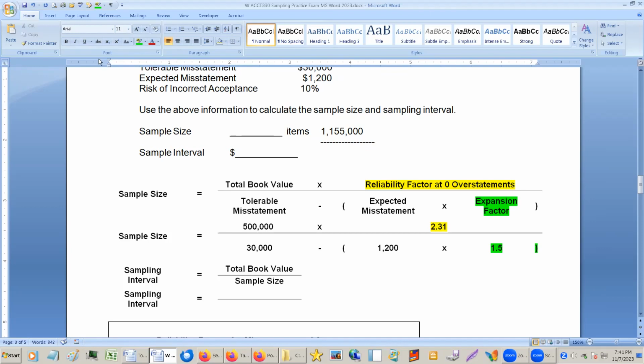Okay, and on the bottom we have 30,000 minus 1,200 times 1.5, which is what? 1,800. Yes, 1,800.